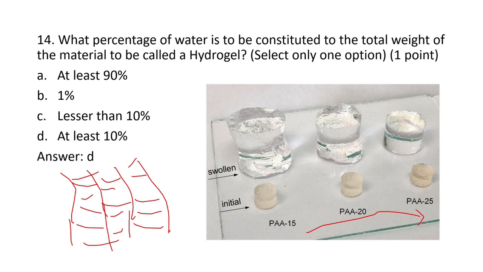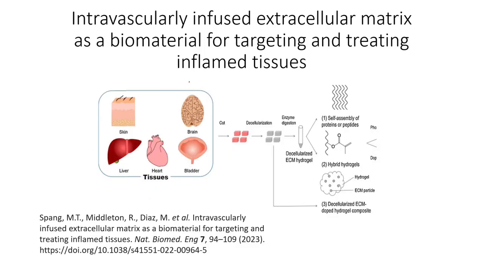So accordingly you can vary your cross-linker concentration. Yeah, so this is the correlation between these two. So at least 10% of water should be in your hydrogel to call it a hydrogel.